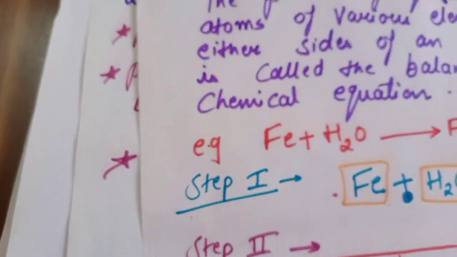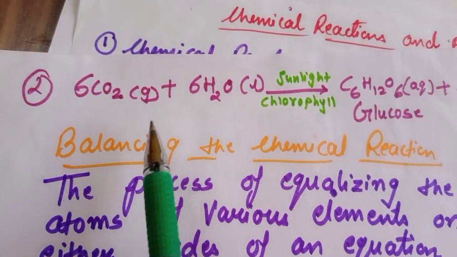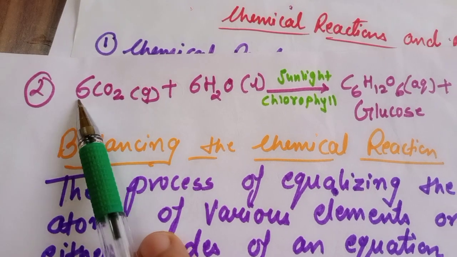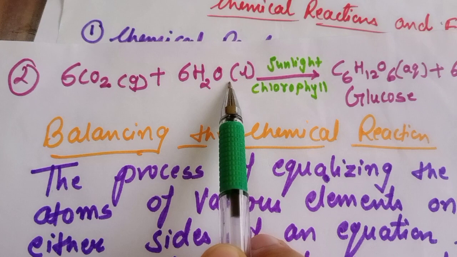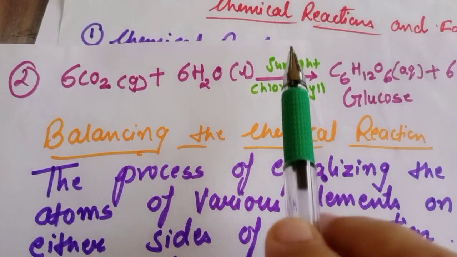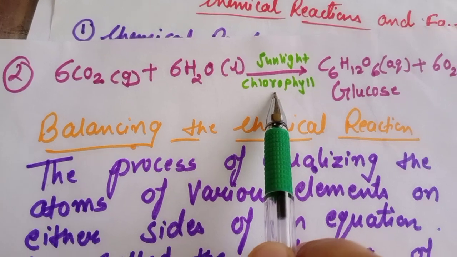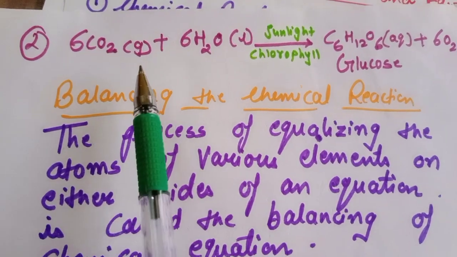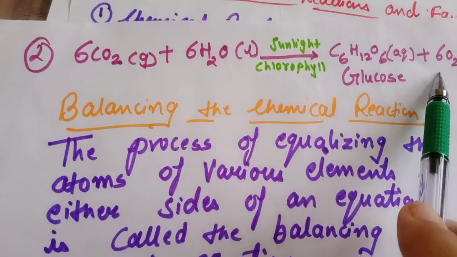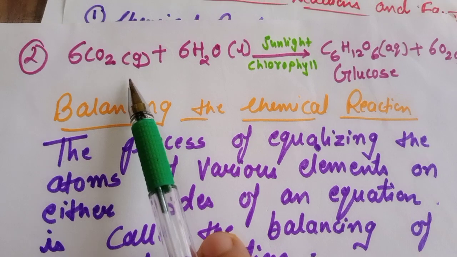Next, one more example we'll take. Second example: carbon dioxide reacts with water in the presence of sunlight and chlorophyll to give glucose and oxygen. So this is a simple reaction of photosynthesis, as you all know, dear students.